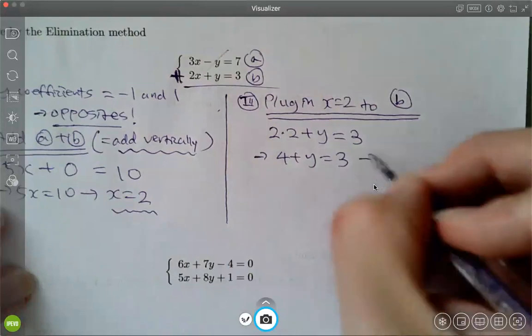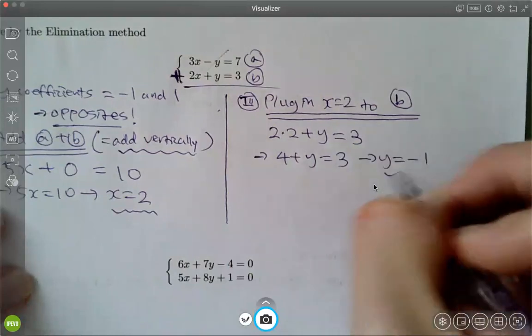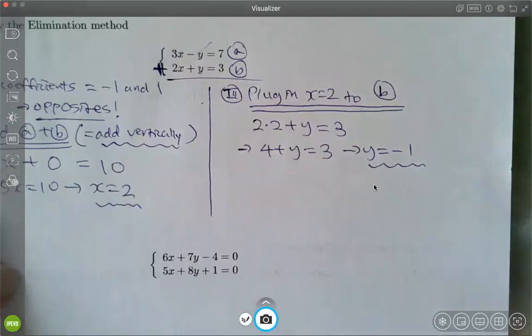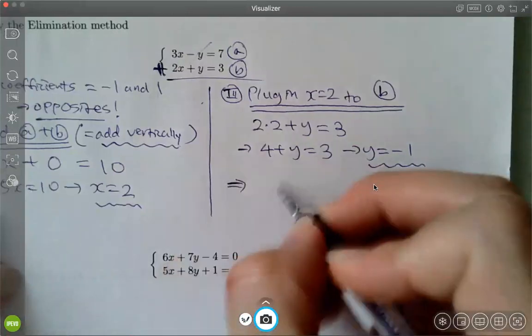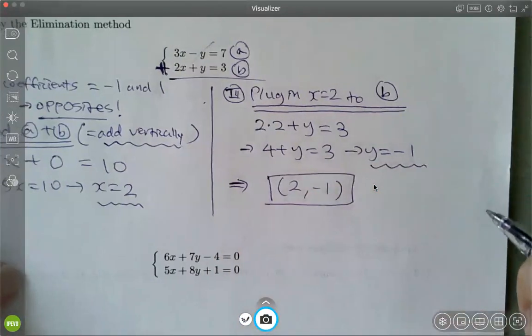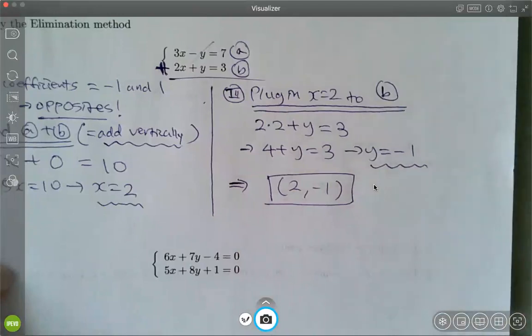So by subtracting 4, y is equal to -1, right? So what's the answer? The answer is 2 comma -1, the ordered pair. And again, you can plug in x equals 2 to A, and still you get the same answer.